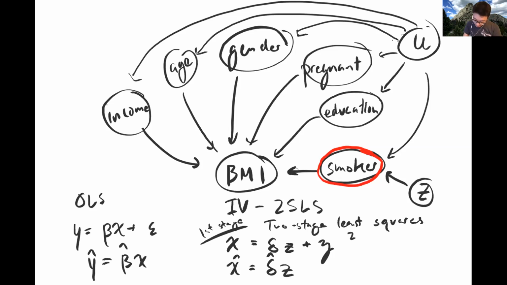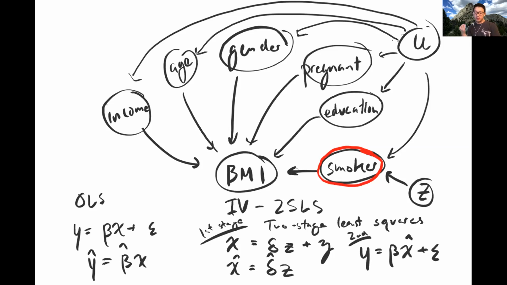And then in our second stage, instead of y equals beta x like before, you're going to use your predicted x like so.